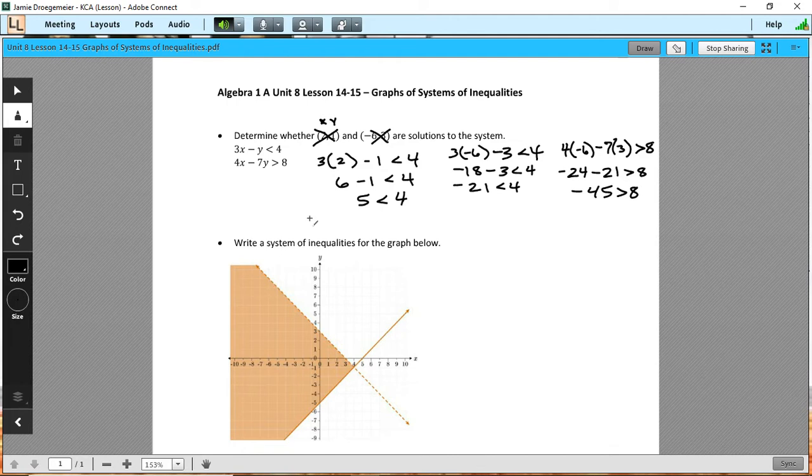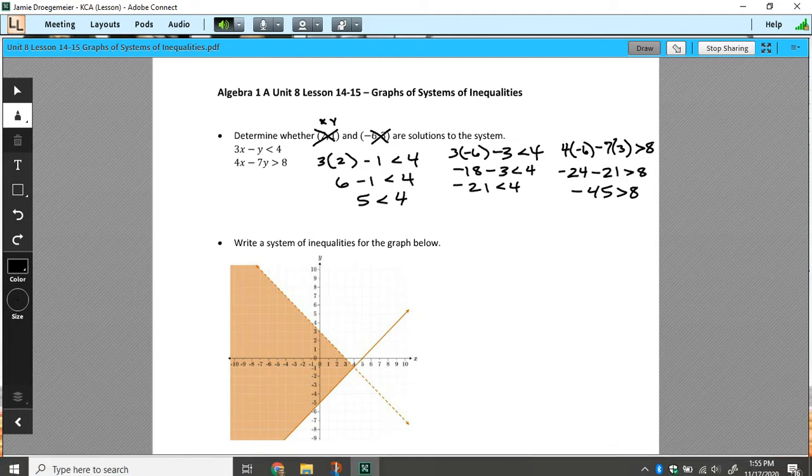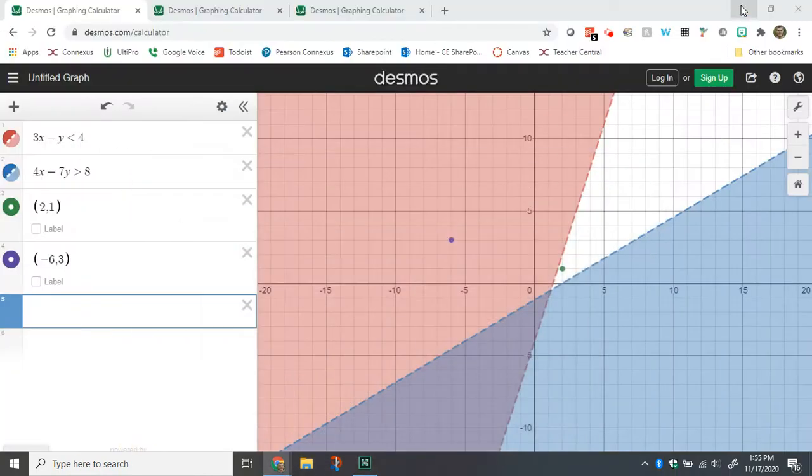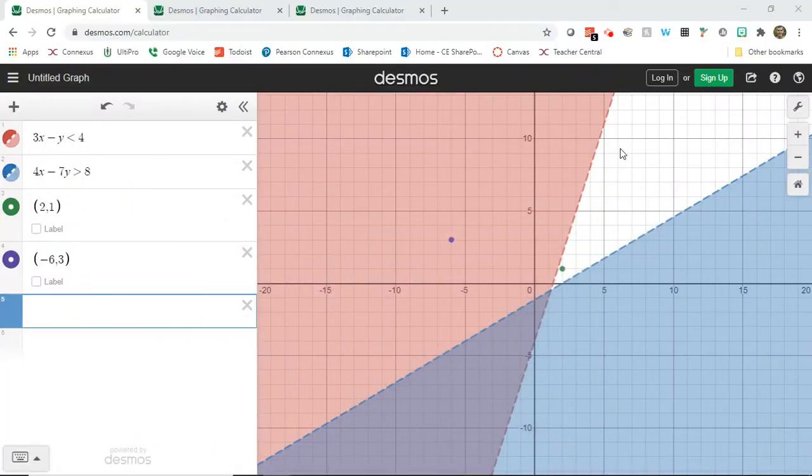Let's look at what this looks like on the graph. I've used Desmos to graph these. Let me minimize here. You can see here is one of them, which has this red shaded area. Here's the other one, which has the blue shaded area. The part where both shadings come together creates this purplish area. This is going to be the area that has the solutions to our system.